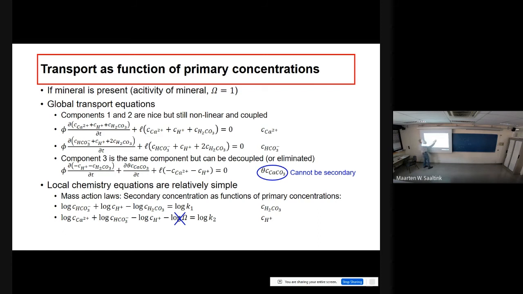So this is a very nonlinear term, and as it depends on the bicarbonate or other stuff, it's coupled to the other transport equations. So I cannot take advantage of these nice components. But the chemistry is relatively simple.